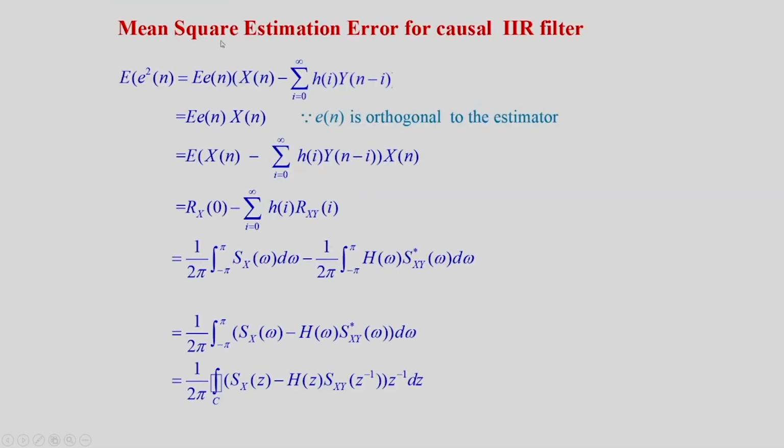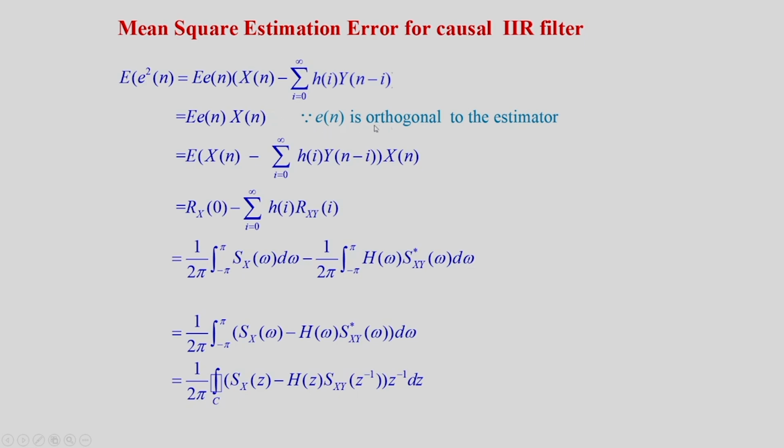We have to find the mean square estimation error for the causal IIR Wiener filter, and it is given by E of e square n, which can be written as E of e(n) into x(n) minus summation h(i) into y(n minus i), i going from 0 to infinity.